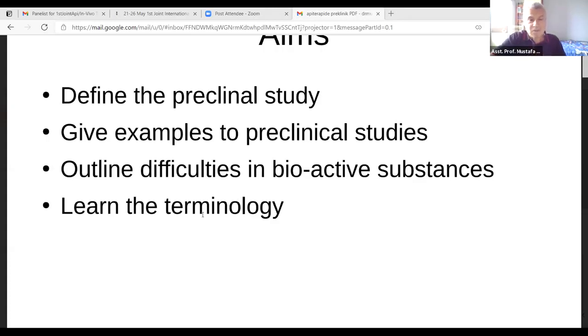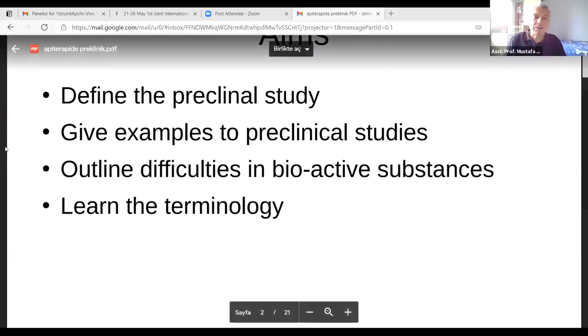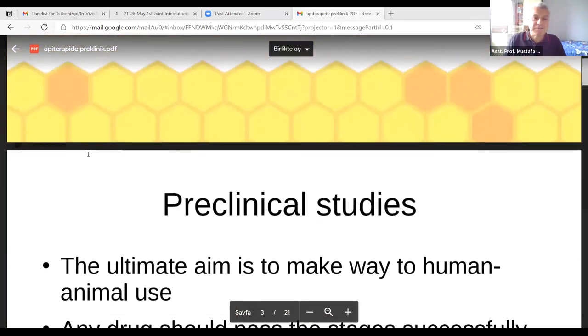We'll try to understand some preclinical studies, give some examples, share some ideas, and also outline difficulties with bioactive substances, in propolis, in honey, in pollen, you name it. We don't have just one molecule. We have arrays of molecules, and we get into a little bit of terminology.